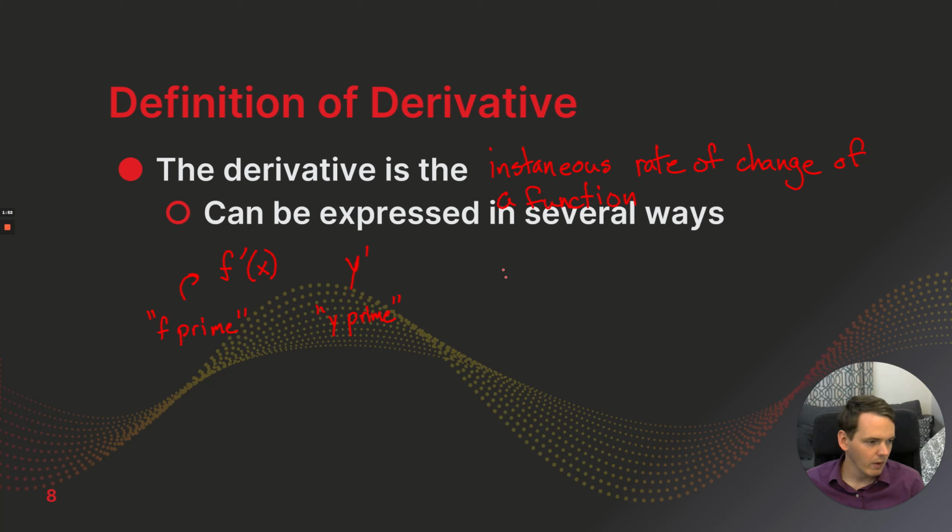We also have dy by dx, and then lastly we have d by dx of f of x.